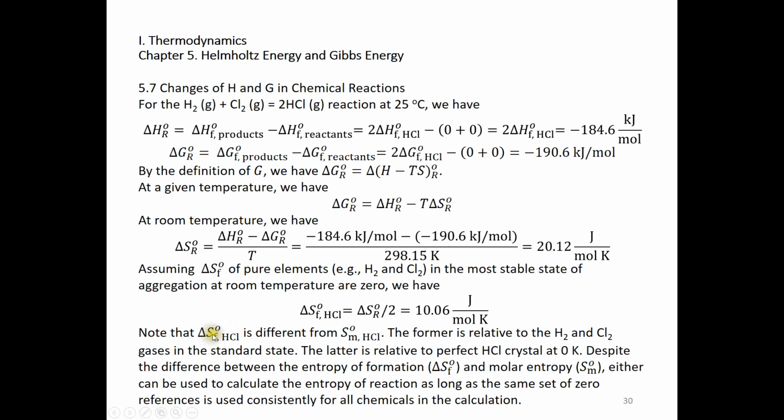So the standard entropy of formation of HCl is relative to the 1 bar H2 gas, 1 bar CO2 gas at room temperature. Over here, this is relative to the 0K HCl perfect crystal. So these two have different values.